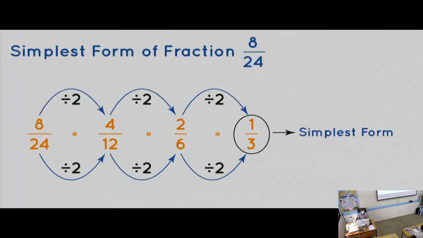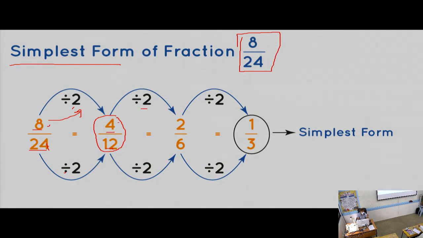Now, let me give you an example. If we are going to simplify 8 over 24 into simplest form, as you can see, 8 and 24 are both divisible by 2, right? So 8 divided by 2, 24 divided by 2, we will have 4 over 12. But again, this is not yet the simplest form because you can still get a common factor of 4 and 12, which is 2.